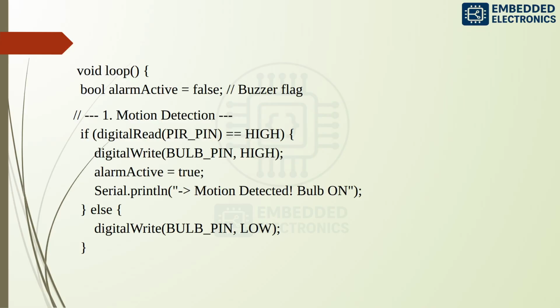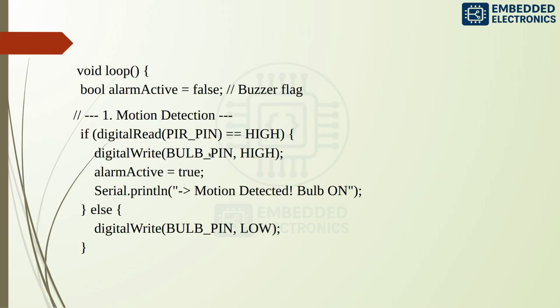The code constantly checks the PIR pin for a digital signal. So here is the if statement. If the sensor sends a high signal, it means motion is detected. The Arduino immediately turns on the buzzer and bulb.